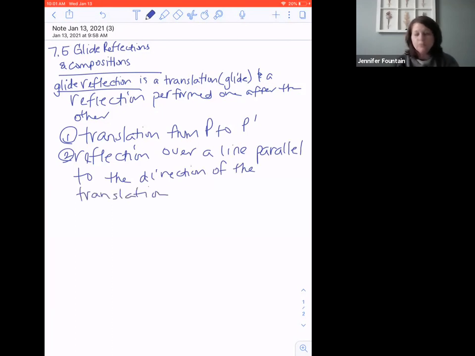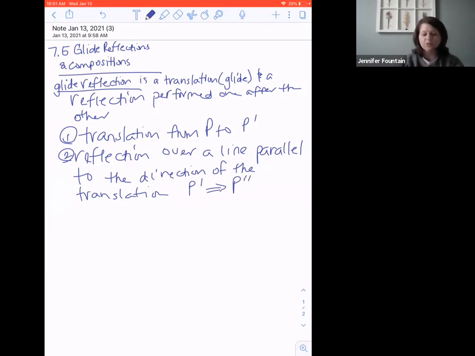So basically it's saying whichever direction my glide or my translation goes, then there's going to be a line parallel to that direction, and then it reflects over that line. Okay, so this is where I go from P prime to P prime prime.